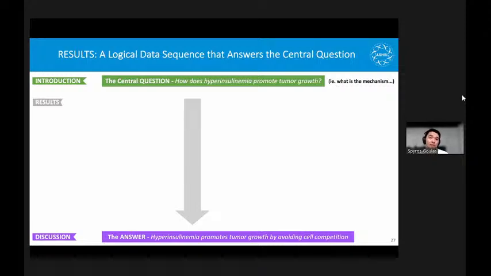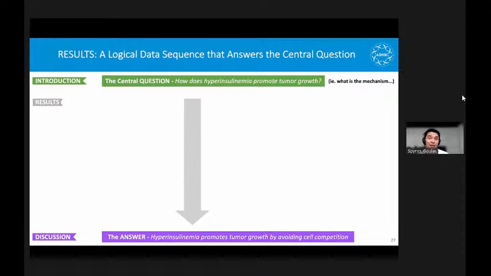Going back to the introduction, the central question is, what is the mechanism by which overproduction of insulin leads to tumor growth and cancer? And looking at the answer in the discussion section, it is the overproduction of insulin that leads to tumor growth by avoiding cell competition.